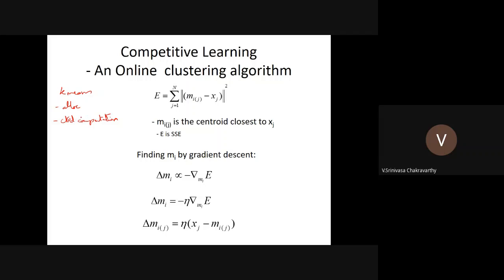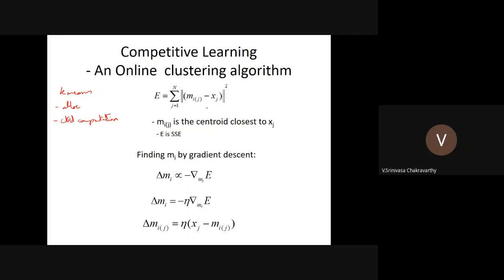So in one shot, the centroids move in big jumps, because when you allocate, the clusters change in a significant way. A lot of points come in, a lot of points go out. Therefore, when you perform the centroid computation, the update of the centroid from one iteration to the next happens in big jumps. Whereas in an online clustering algorithm, the centroids are moved in incremental steps, in very small steps. And this is done by performing gradient descent on this cost function.